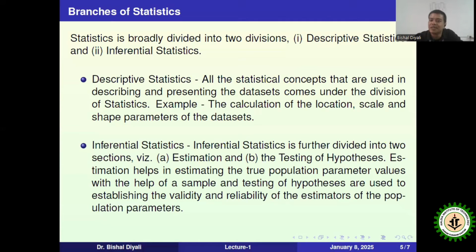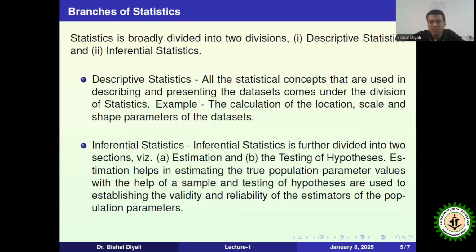By the term descriptive, we mean everything that is used to describe data sets. So all the concepts that are used in describing and presenting data come under descriptive statistics.